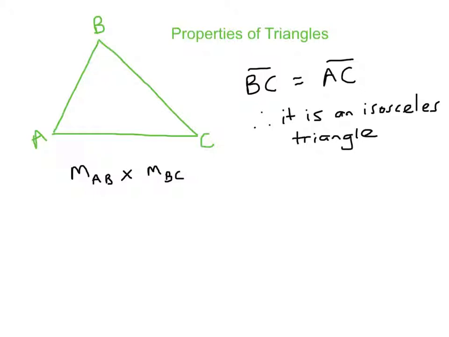For example, if this gradient AB is positive, let's say it's 5, and the gradient of BC is negative 1 over 5. When you multiply these together, that's negative 5 over 5, which equals negative 1.